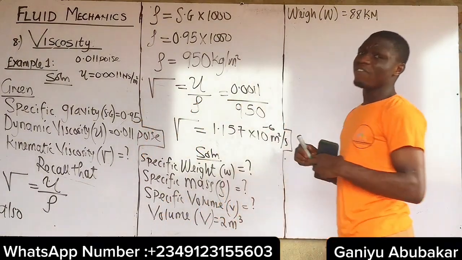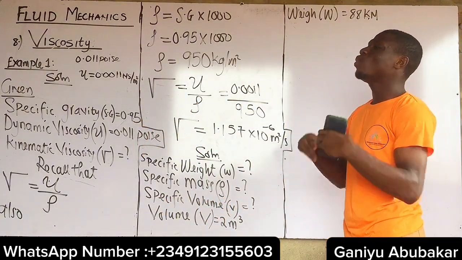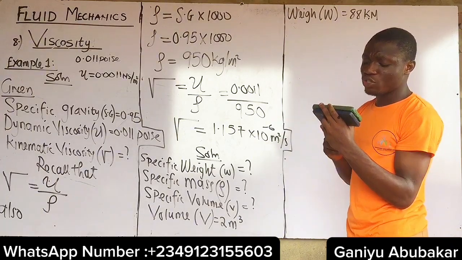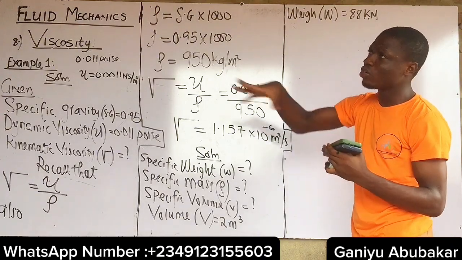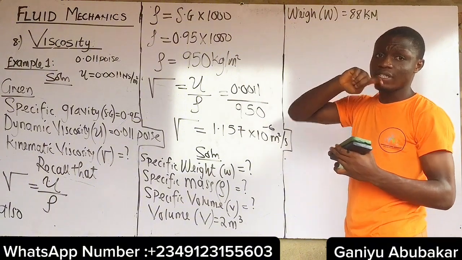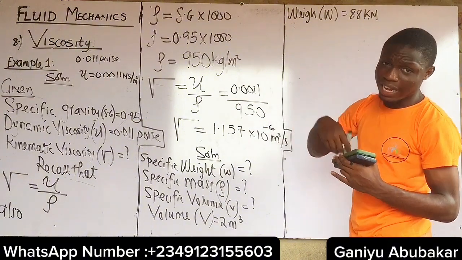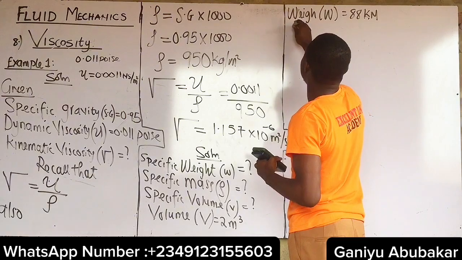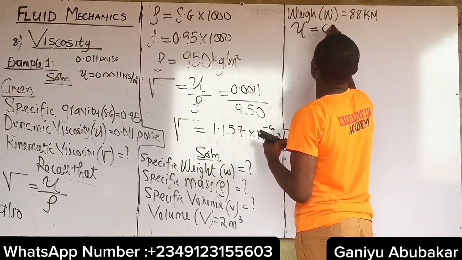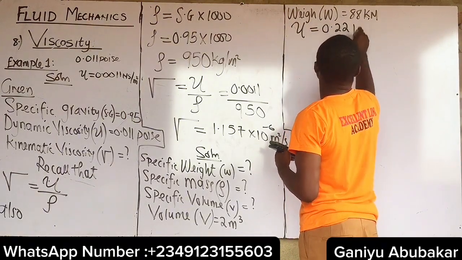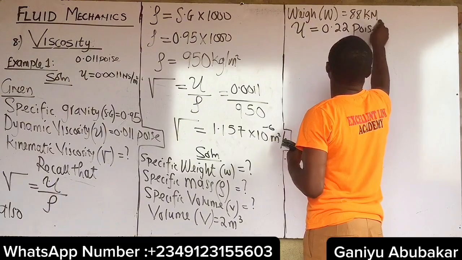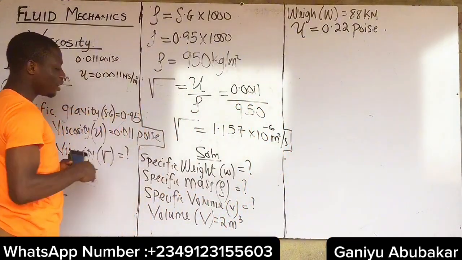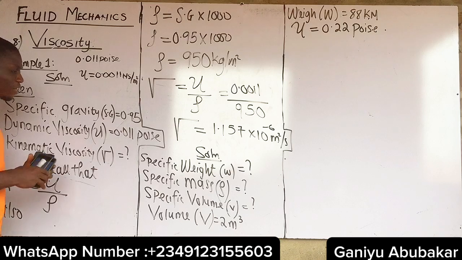Which kind of viscosity is it? I'm given the value as 0.22 poise, and poise represents dynamic viscosity. So dynamic viscosity, mu, is given as 0.22 poise. All right, let's get this done. How do you solve this one? What's the first task?